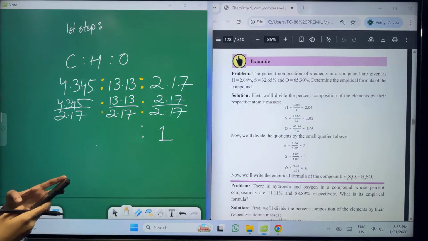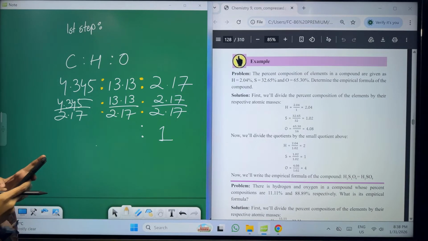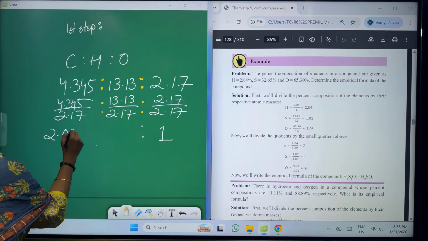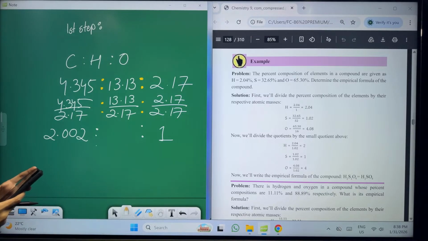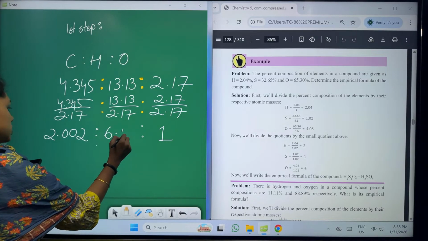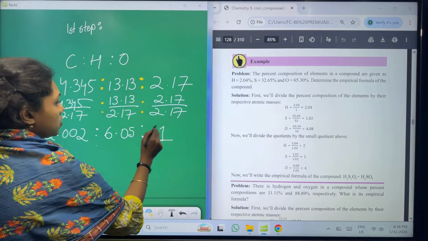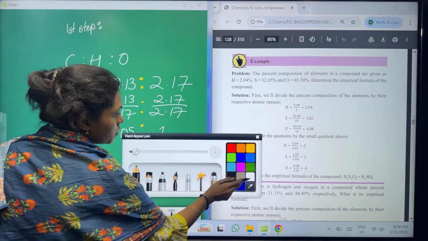What's this going to be? 4.345 divided by 2.17 is 2.002. And this is going to be 13.13 divided by 2.17, which is 6.05. Please tell me you have the same number, or else there is something wrong with your calculation.